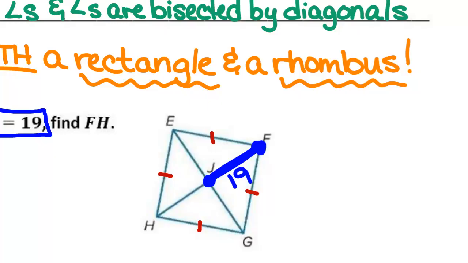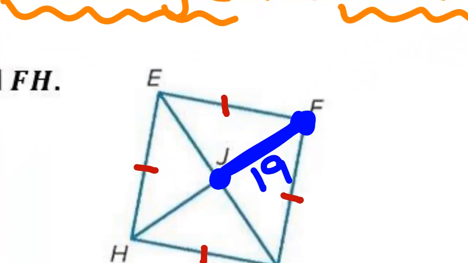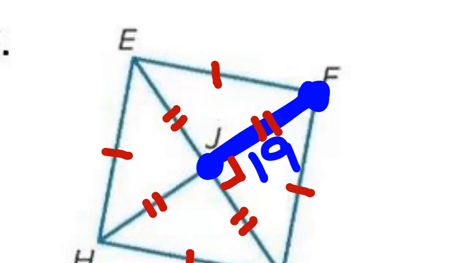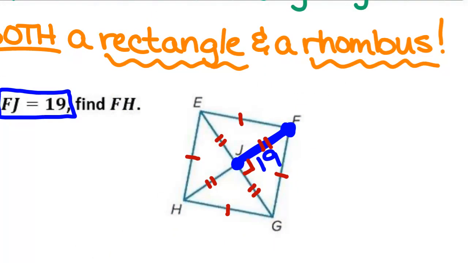They're congruent and perpendicular. So the diagonals are congruent and cutting each other in half. That means all 4 of these little segments are the same size, and it's forming a right angle where they cross.